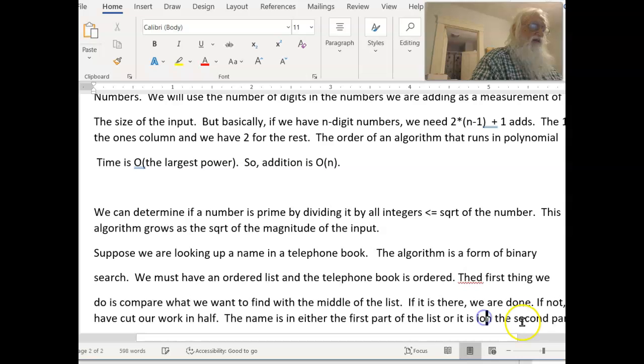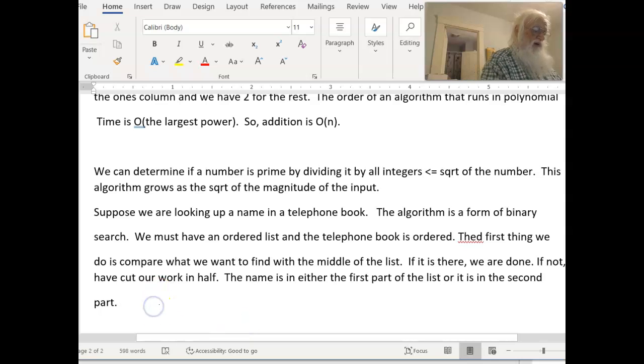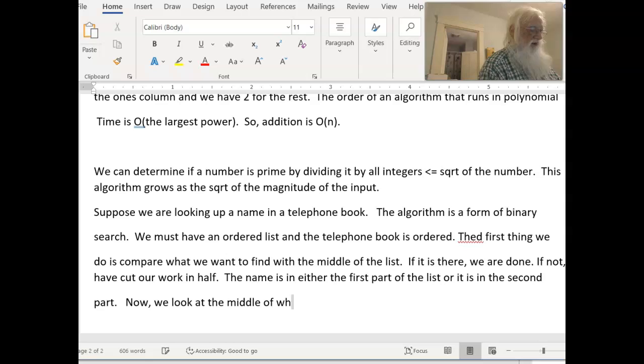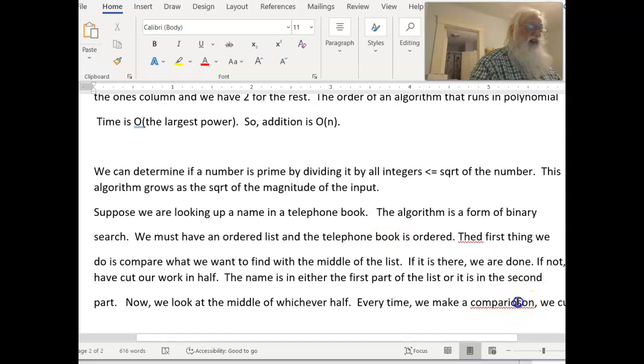And so we repeat what we did. Now we look at the middle of whichever half. Every time we make a comparison, we cut the list in half.